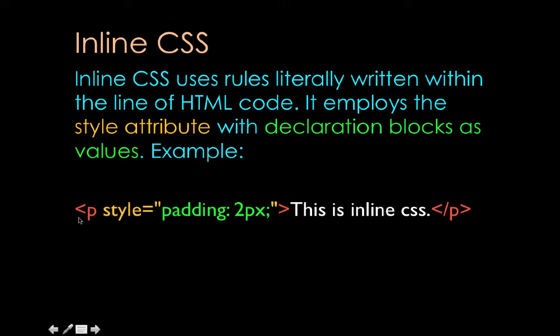In this case, we're styling a paragraph tag inline, so P is the tag, and the attribute of P is style equals, right? And then we give the value, and the value of style is going to be a set of declarations. In this example, we just have one declaration where we're saying that it has a padding of 2 pixels. You could have multiple declarations.